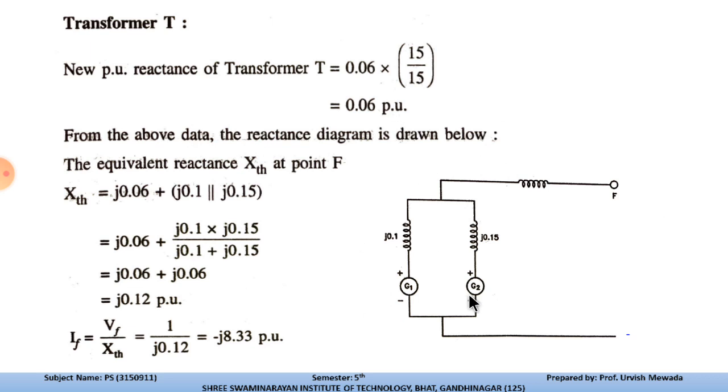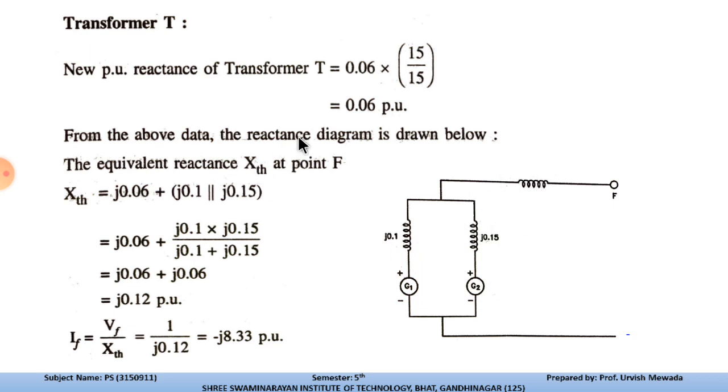From the above data, the reactance diagram, the equivalent circuit that we can draw for generators G1 and G2 has the per unit reactances that we calculated: J0.1 and J0.15, and this is the reactance of the transformer, that is 0.06.